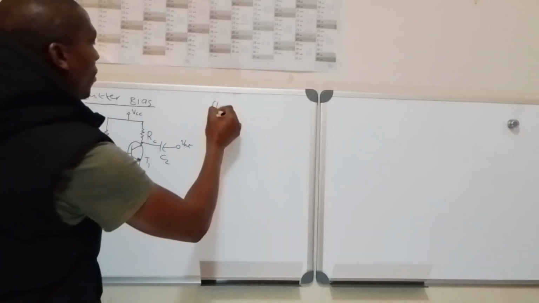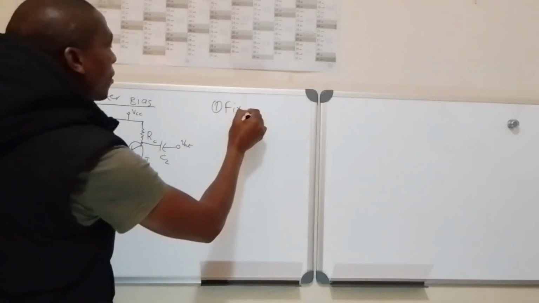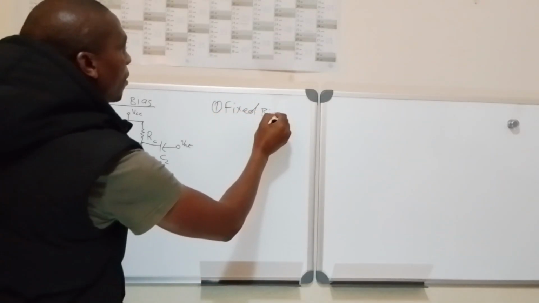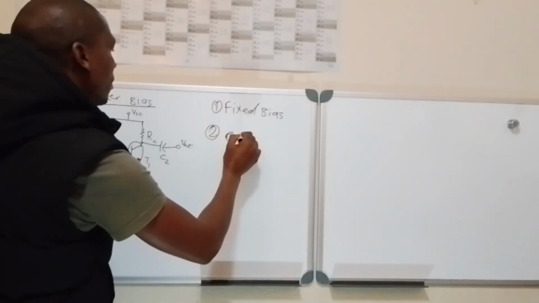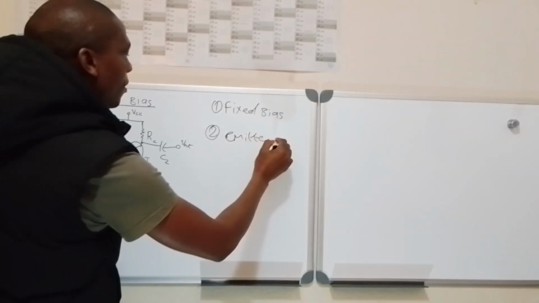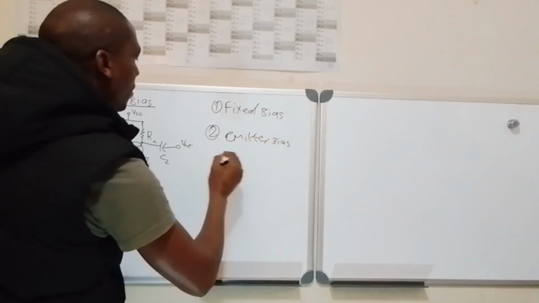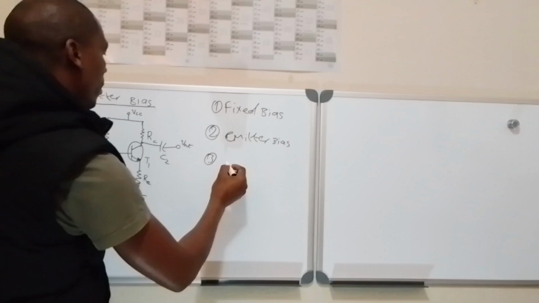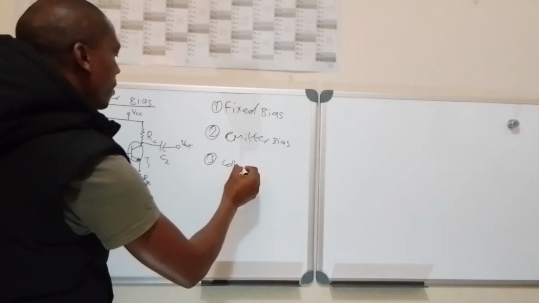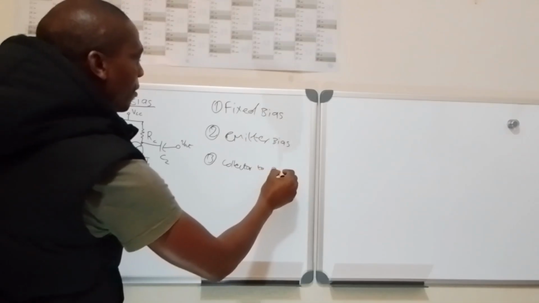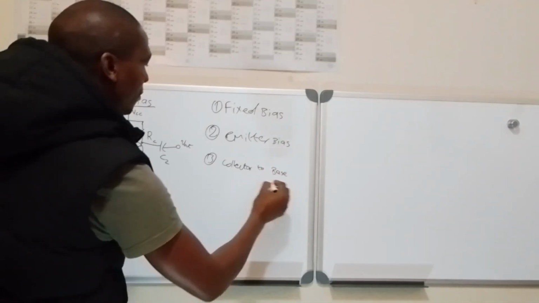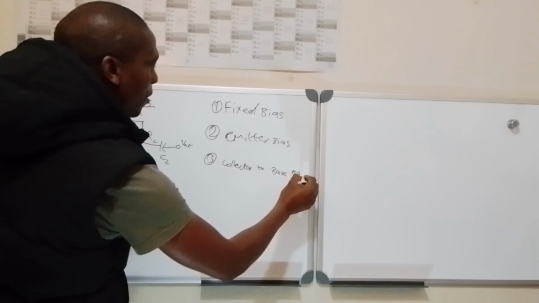So the types of bias that you have: a fixed bias, you have an emitter bias, also have a collector to base bias.